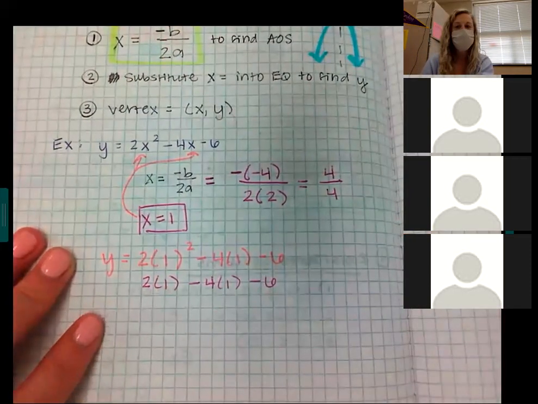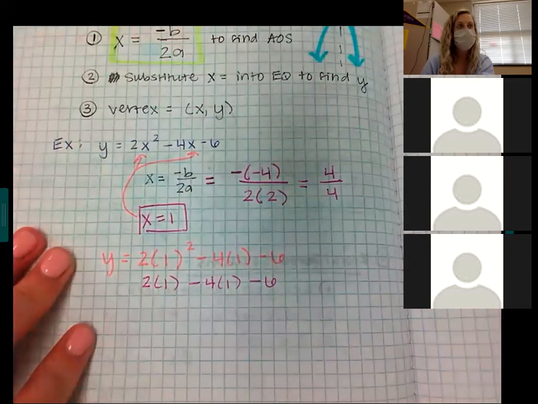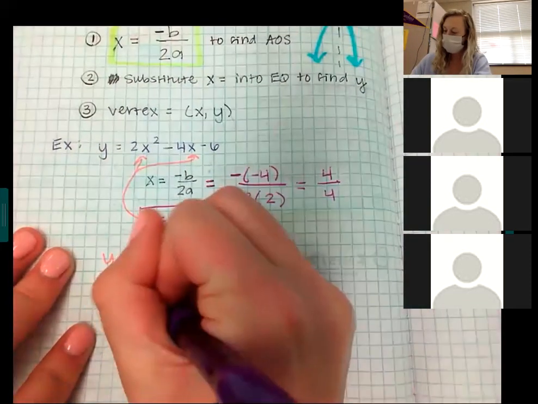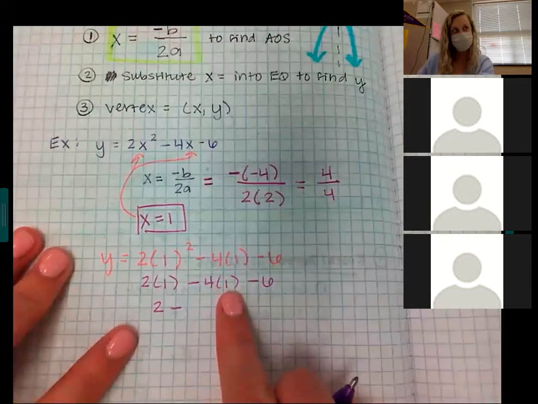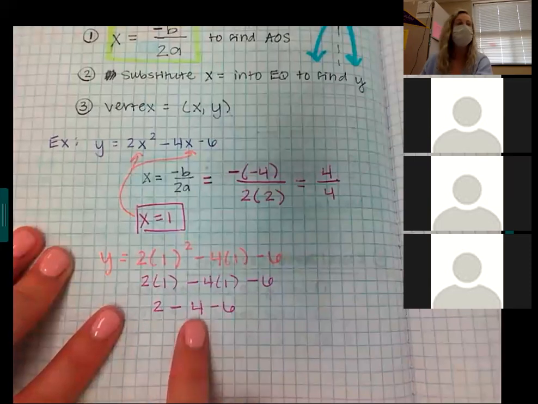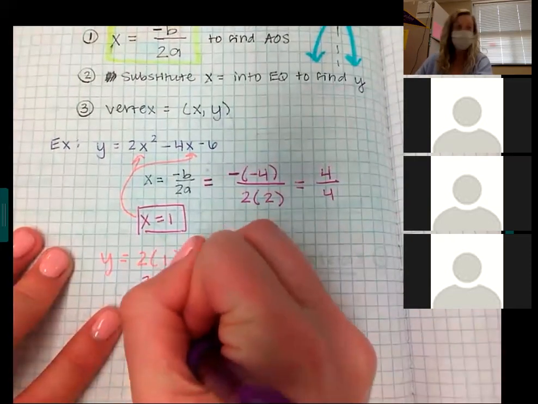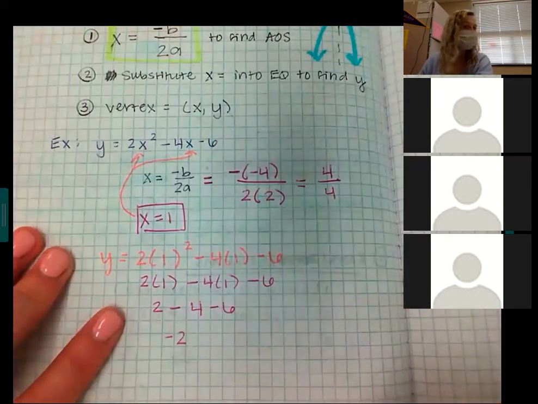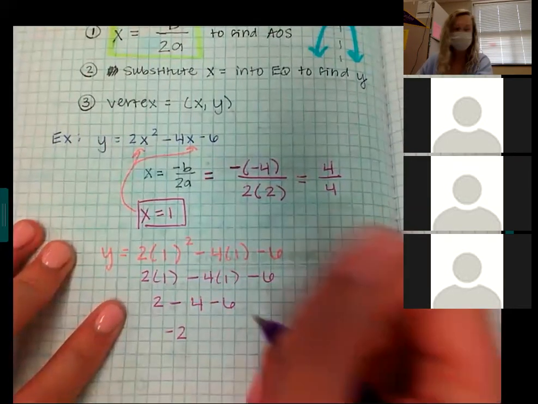What's 2 times 1? 2. 2 minus, what's 4 times 1? 4. 4 minus 6. What does 2 take away 4? Negative 2. Good, Evan. Yep, 2 minus 4 is a negative 2.